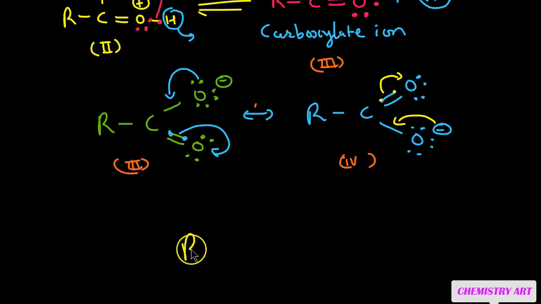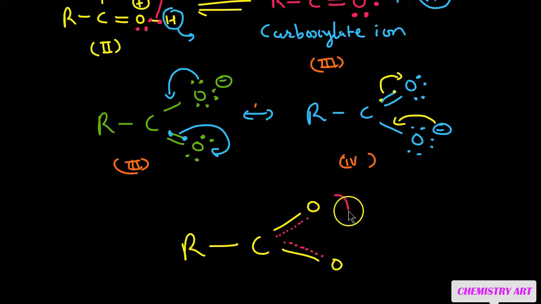So I can show the carboxylate ion stabilization like this. The carbon, oxygen, and this negative charge is continuously transferring from this oxygen to the other oxygen, and I can show it like this, with the negative charge shared.